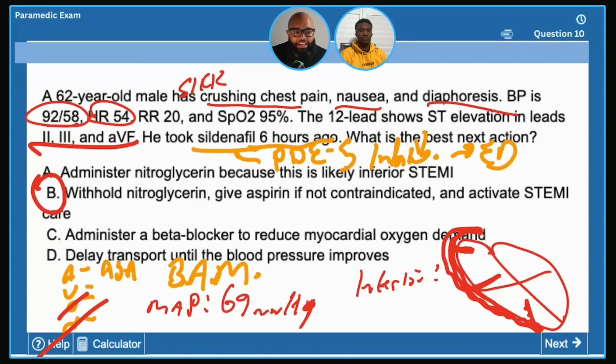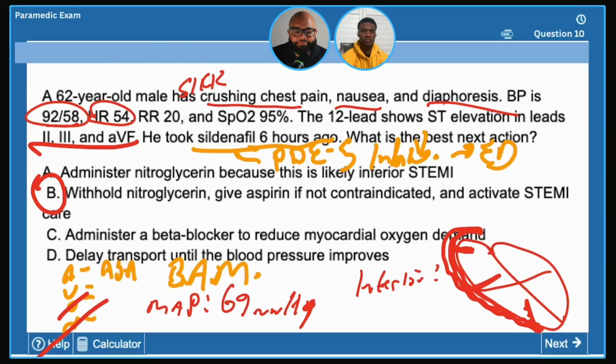It's less likely that you would have that type of question, but the way they would ask it is, in this situation, even if the blood pressure was 100 or 110, the fact that this patient had another contraindication, taking sildenafil, would contraindicate nitro regardless of the blood pressure.